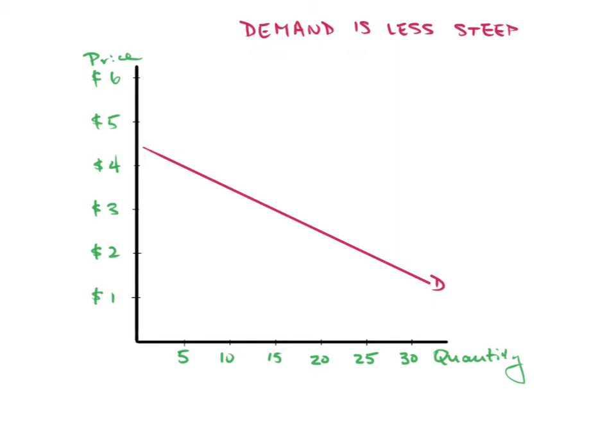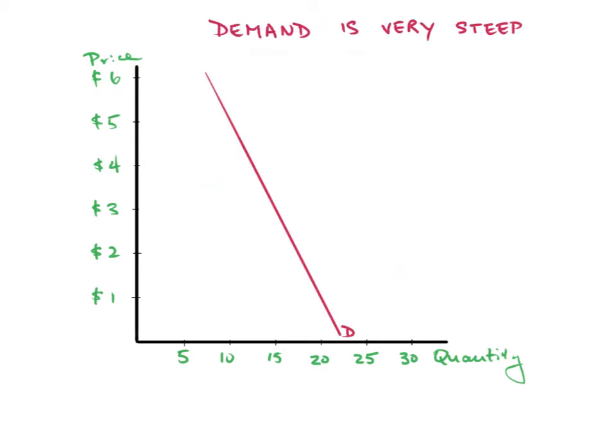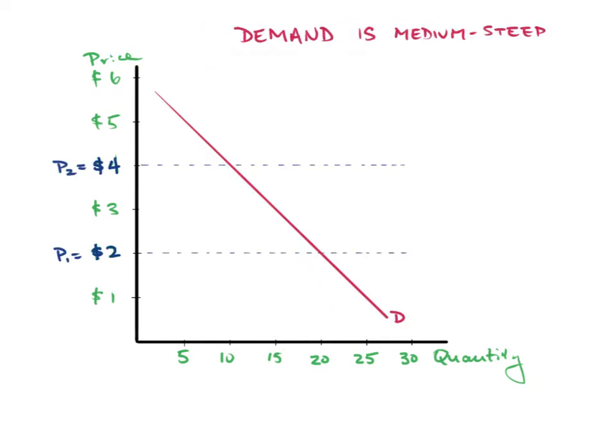Here's one that's less steep, more shallow. And then a third demand curve that is steeper than the other two. The important thing is to show how the same price change results in different changes in quantity demanded and different elasticities. So let's go back to that first case.